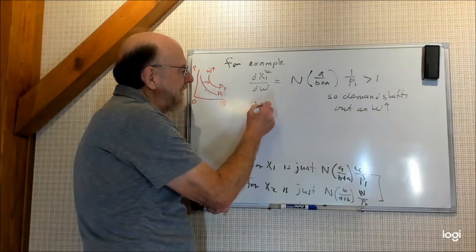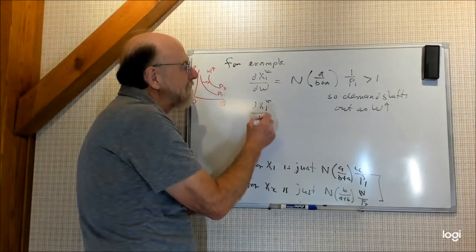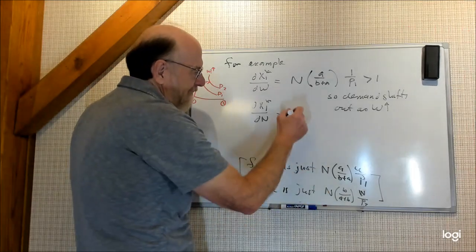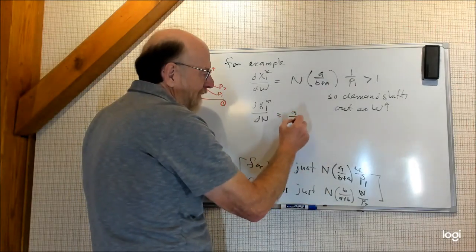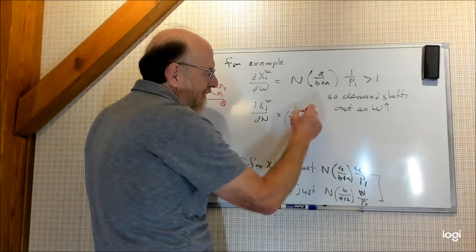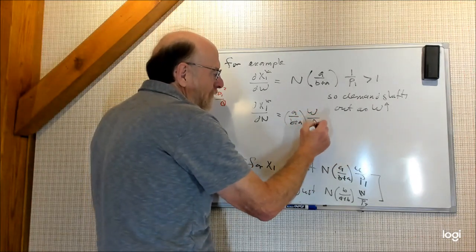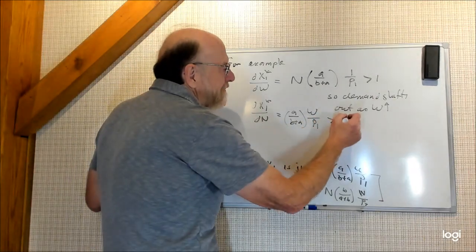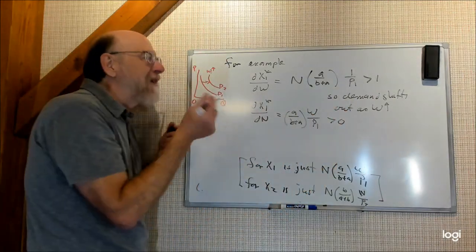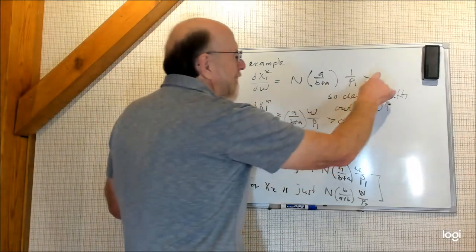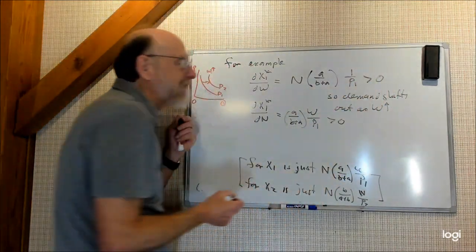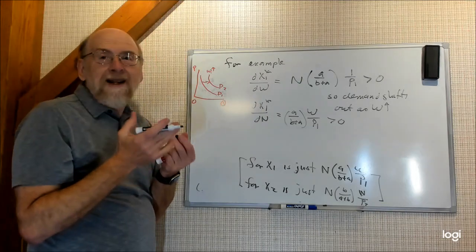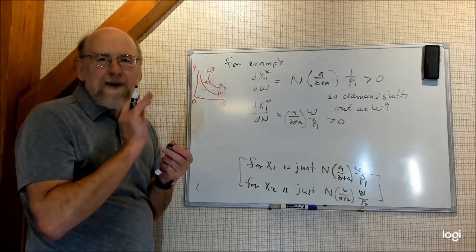And we can also see dx star dn. Again, using this function, it's going to be A over B plus A times W over P1, which is also greater than 0. Pardon me, I should have said 0 there. So again, that change will also cause the demand curve to shift out.